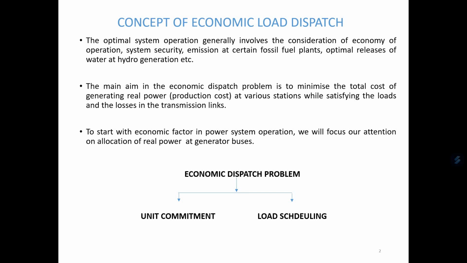So the optimal system operation generally involves the consideration of economy of operation, system security, emission at certain fossil fuel plants, optimal release of water at hydro generation, etc. The main aim of the economic dispatch problem is to minimize the total cost of generating real power, which is also called the production cost, at various stations while satisfying the loads and losses in the transmission line.